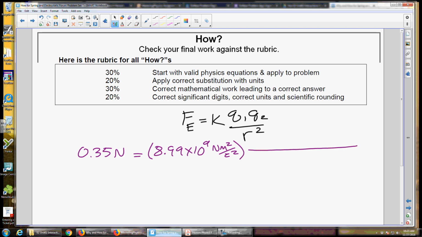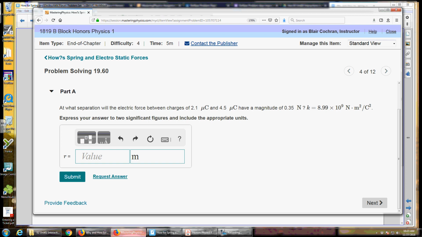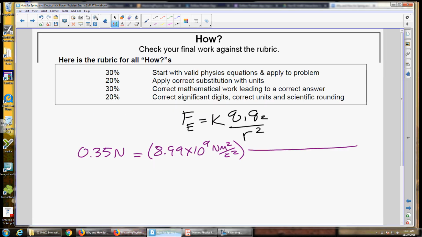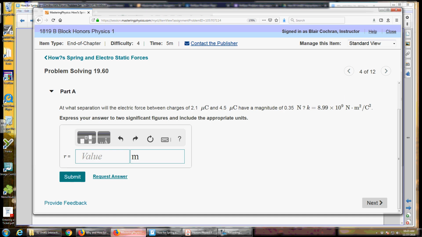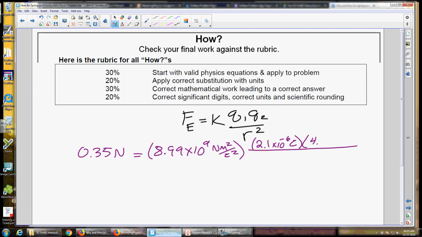I think they gave me my charges. 2.1 microcoulombs and 4.5 microcoulombs. 2.1 times 10 to the minus 6 coulombs. Yay, solve for r.